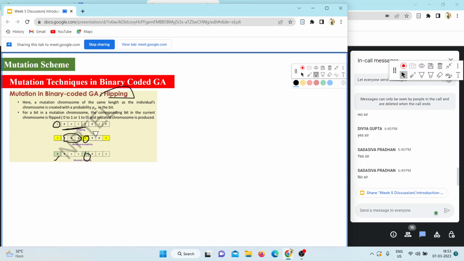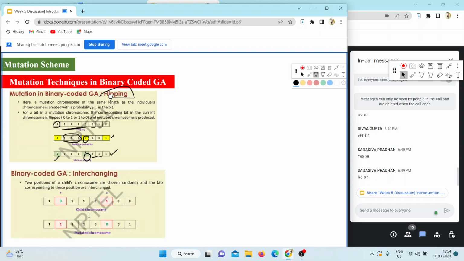Similarly for these 2 zeros, no mutation takes place at these 2 positions, so 0 and 1 are copied to your children's string as they are. But in this last bit, 1 is given as the mutation probability, so you have to flip it from 0 to 1. This is the simplest technique for mutation in binary coded GA, known as flipping. So if nothing is given in your question about which mutation scheme to use, choose the flipping scheme.